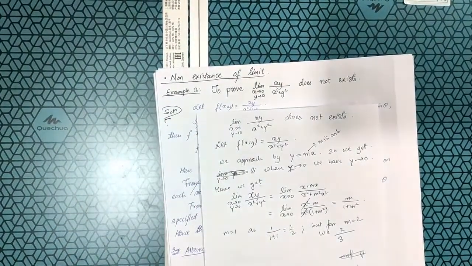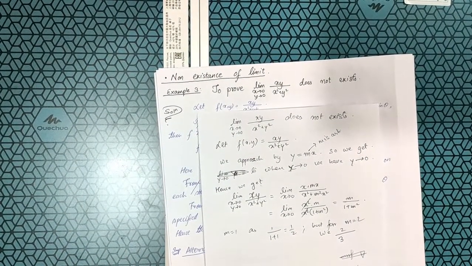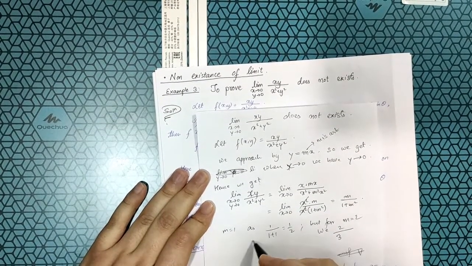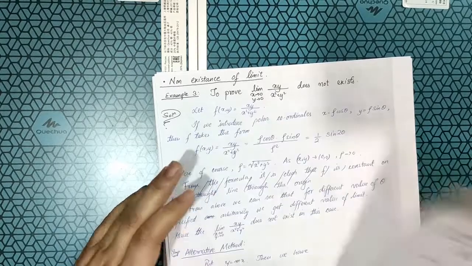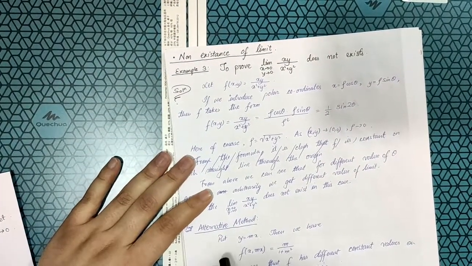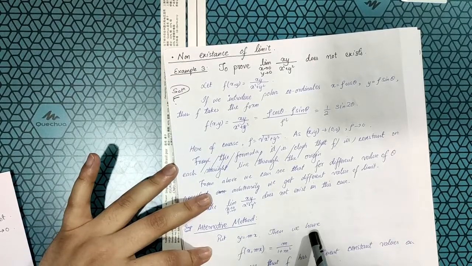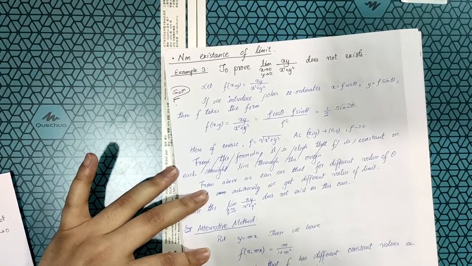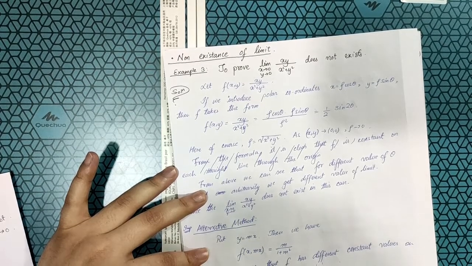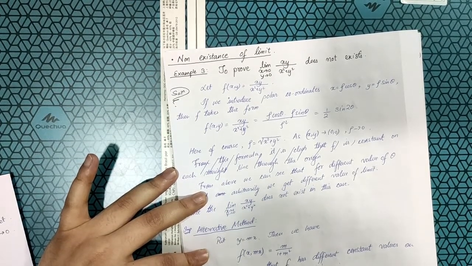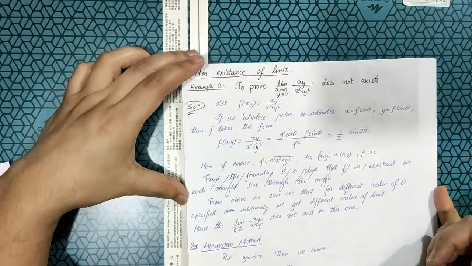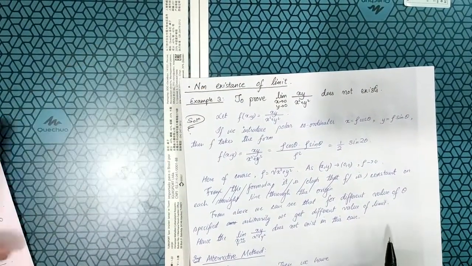So hence we get two limits or more than one limit for the same function. Hence the limit does not exist. So put y equal to mx, then we have this thing. Again we see that f has different constant values on different lines through the origin, hence the limit does not exist. We have another method to show this, and that is the polar coordinate method.